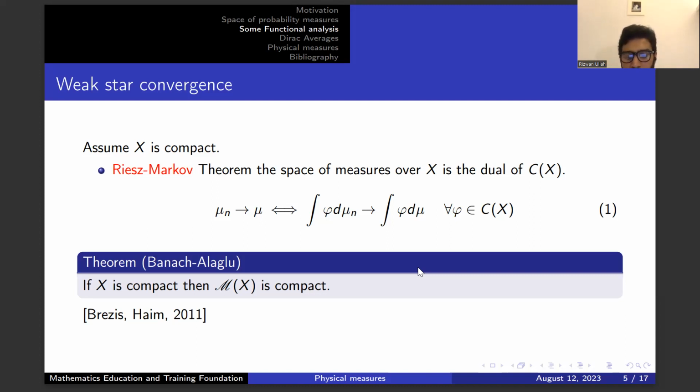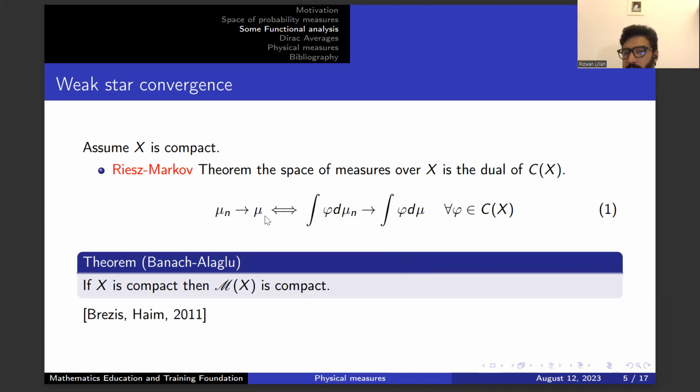And the important thing in this slide is to understand what we mean by the convergence of a sequence of probability measures to some other measure. So you have a sequence mu n of probability measures, or whatever measures, but in dynamical systems we mostly deal with probability measures. What does it mean that this sequence mu n converges to another measure mu?